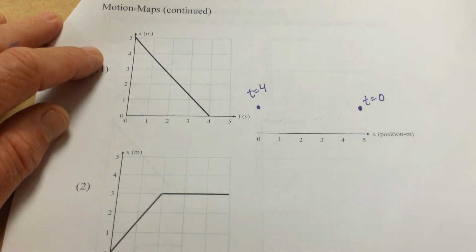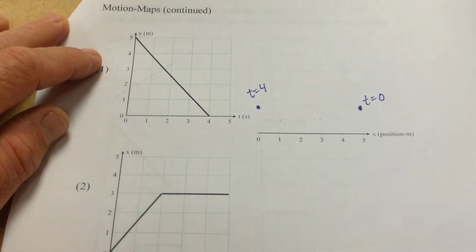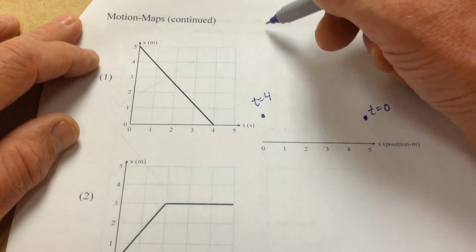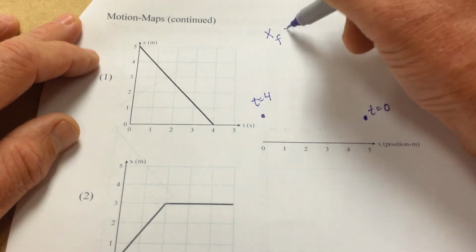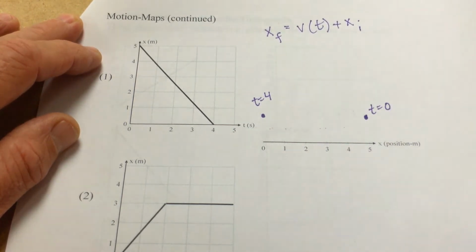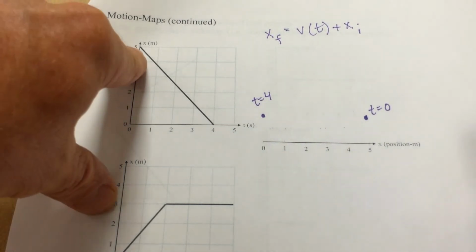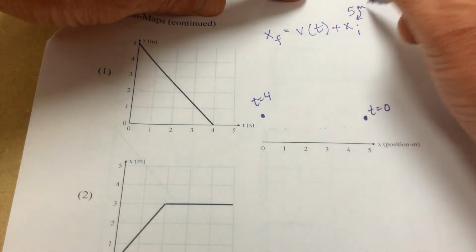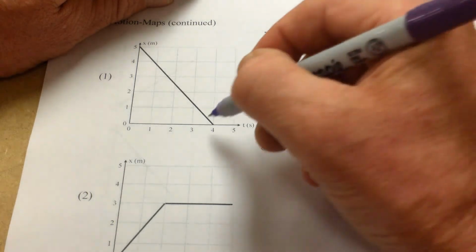To help us with that, we would find it helpful to have the equation. So we're saying x_f equals vt plus x_i. Well, we know what the initial x_i is. That's 5, so that'll get popped in here, 5 meters. The velocity then represents the slope.